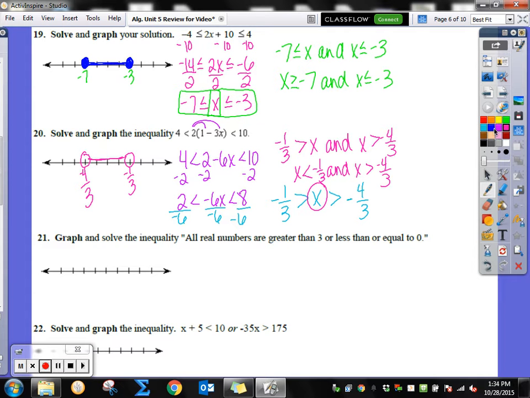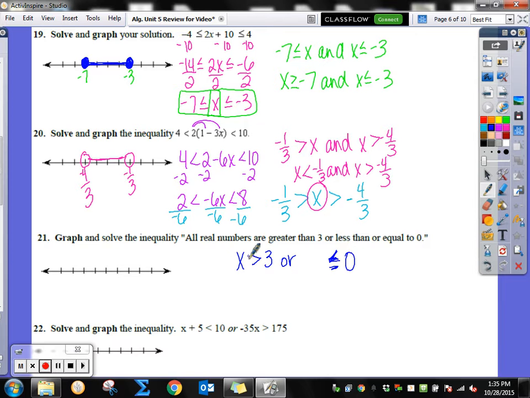For 21, we just have a phrase: all real numbers are greater than 3 or less than or equal to 0. So all real numbers are greater than 3, so that's going to be x is greater than 3 or less than or equal to 0.